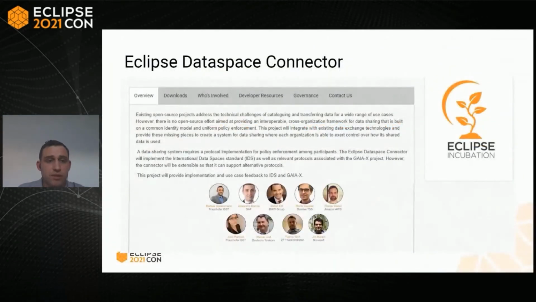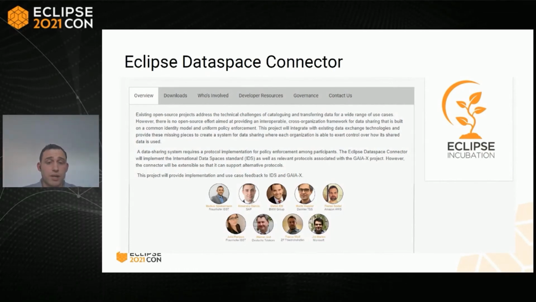The Eclipse Dataspace Connector is a project initialized in June and became an official project in June within the Eclipse Foundation, aiming to develop a connector component that is also addressed in the different reference architectures, but in an extensible way, so that it is possible to support the one standard, but also the others by providing the possibility to write your own extensions or write extensions to specific reference architectures.